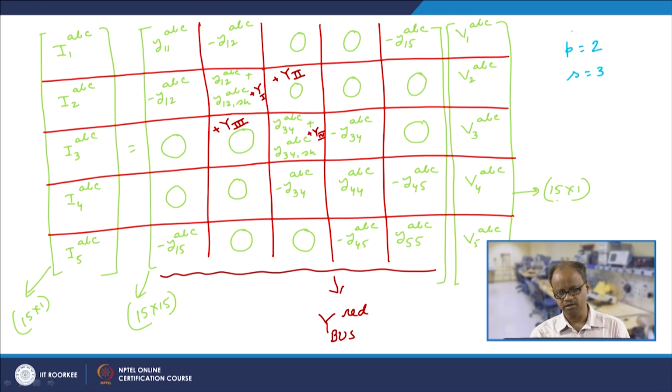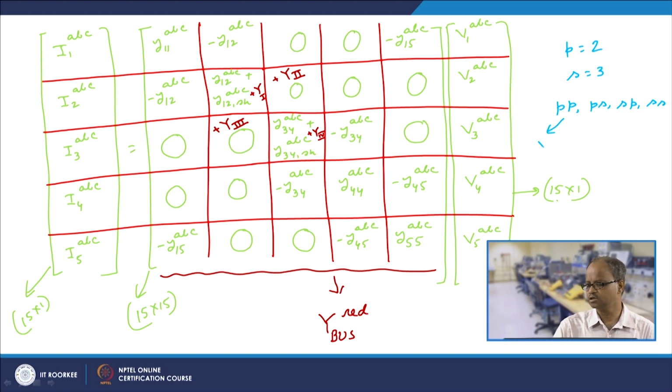So the algorithm is very simple. We will first find the Y bus matrix of this system by removing the transformer, and then we will simply put these 4 matrices Y1, Y2, Y3 and Y4 at PP, PS, SP and SS locations.